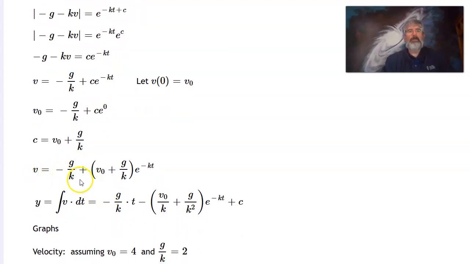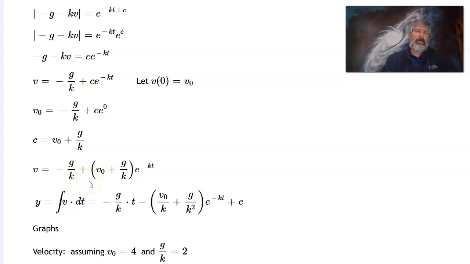Minus g over k plus this thing. Now, notice this is a decaying exponential. So what's happening as time goes on, as t gets bigger, this exponential is approaching a horizontal asymptote of 0, right? And so this term gets smaller and smaller, approaching 0 as time goes on, and the velocity is approaching minus g over k.